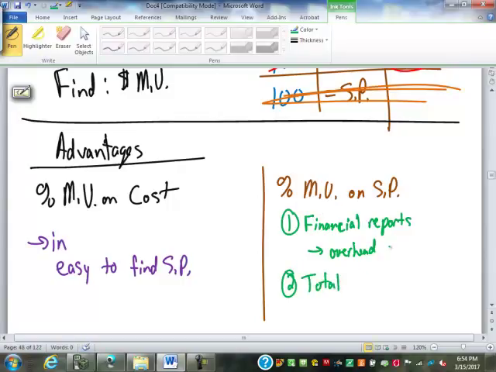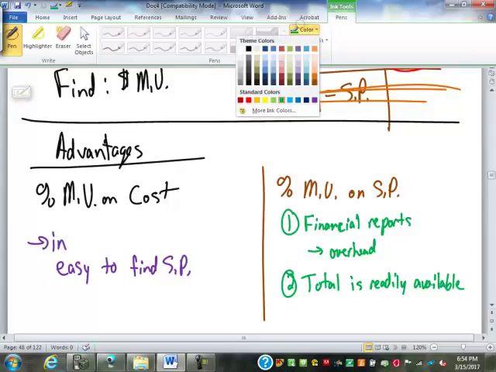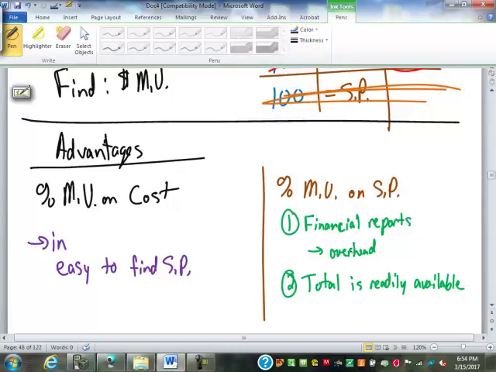The other reason is the total is readily available. What do I mean by that? Well, if you want to know your total selling price, it's just equal to your sales, your gross sales.